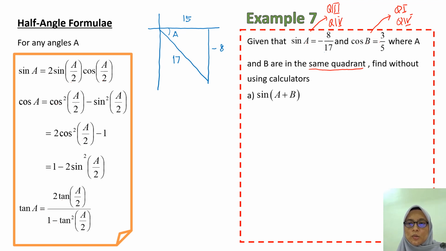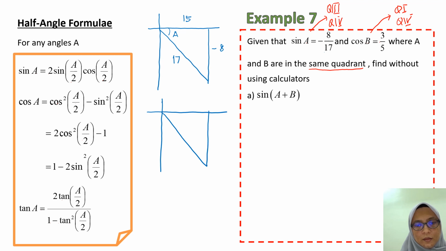Okay, so untuk angle B, 3/5. Cos is adjacent over hypotenuse. Adjacent is 3, hypotenuse is 5, and opposite is negative 4.